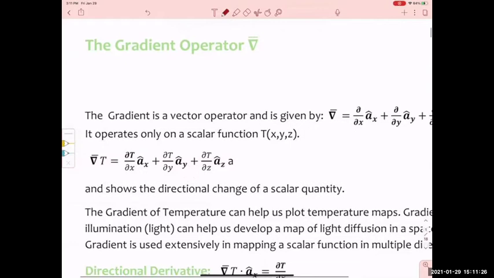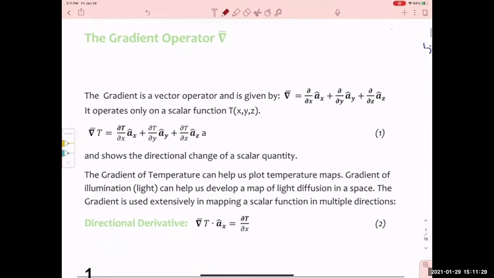So the gradient. When do we call del the gradient operator? When it operates on a scalar. Only then we call it the gradient, and we call it the gradient of the scalar function. So temperature is a scalar function, all right? Humidity is a scalar function.